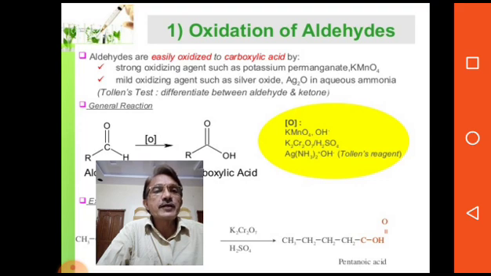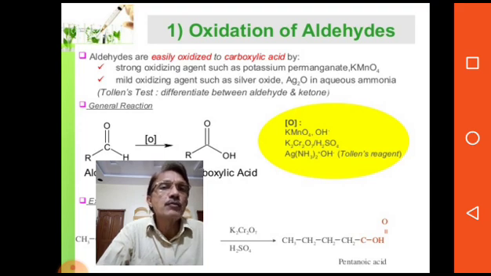Acidified potassium dichromate means K2Cr2O7 and H2SO4, alkaline potassium permanganate means KMnO4 and NaOH. So these are strong oxidizing agents. A mild oxidizing agent such as silver oxide, Ag2O, in aqueous ammonia may also be used.